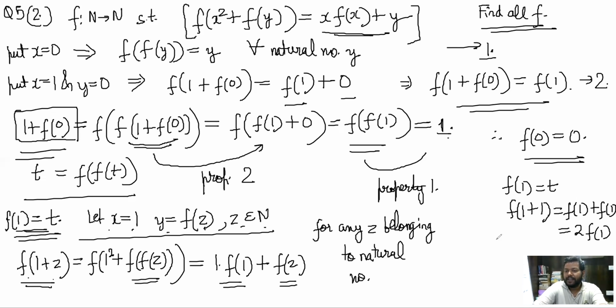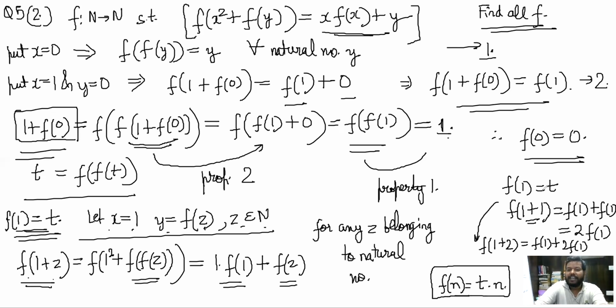This can be extended, because now f of 2 I have gotten. f of 2 is 2 times f of 1. f of 3 will become 1 plus 2, which is f of 1 plus f of 2, which is 2 times f of 1. So it is 3 times f of 1. So now by induction, I can prove very easily that f of n is equal to t times n, where t was the value of f of 1.